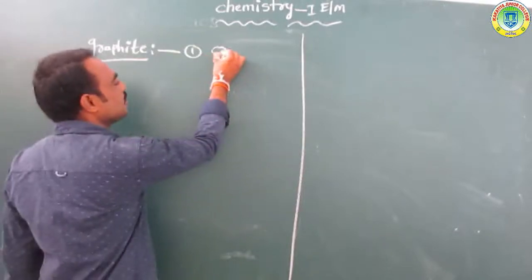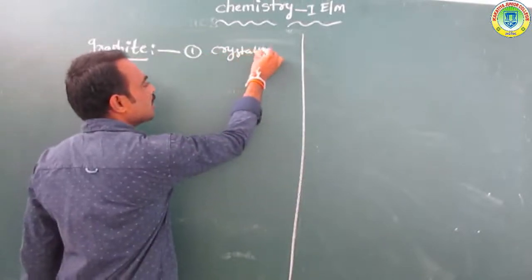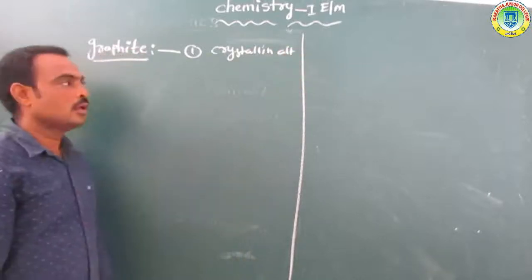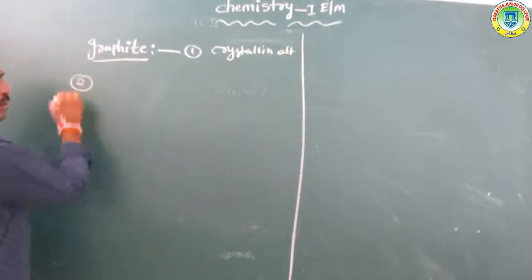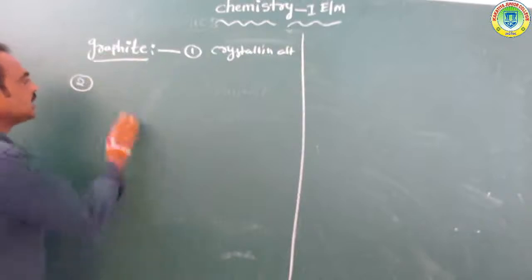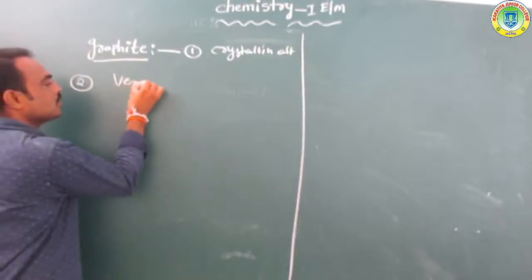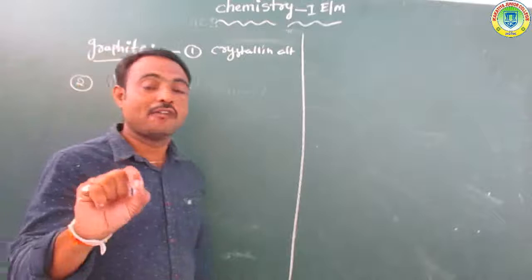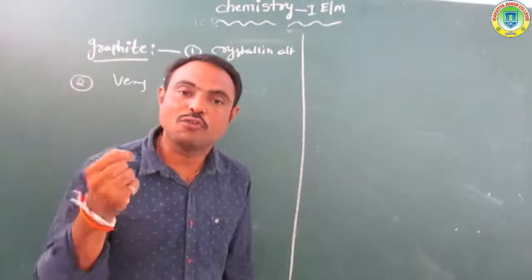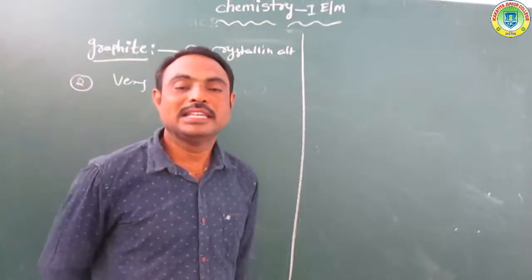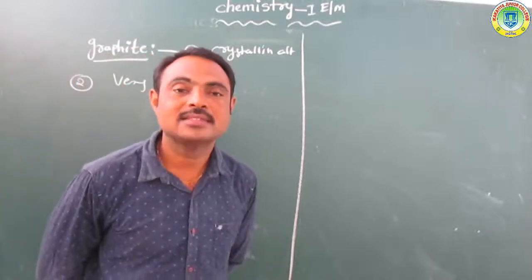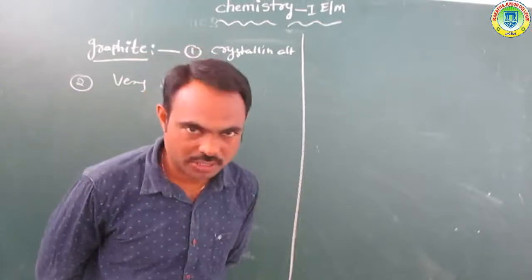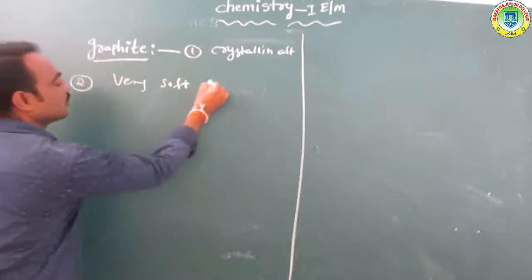Overall, graphite is soft in nature. At the same time it has a layered structure.